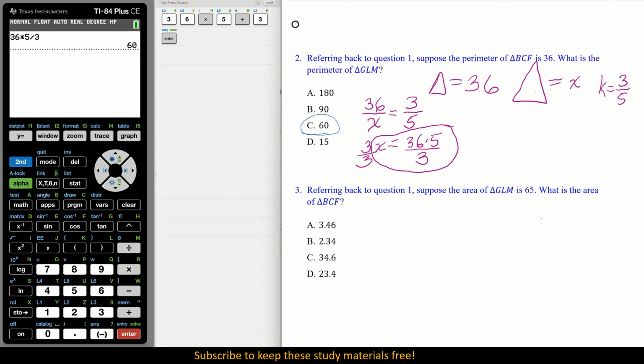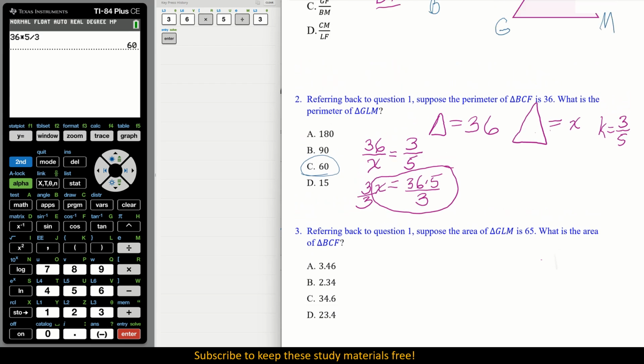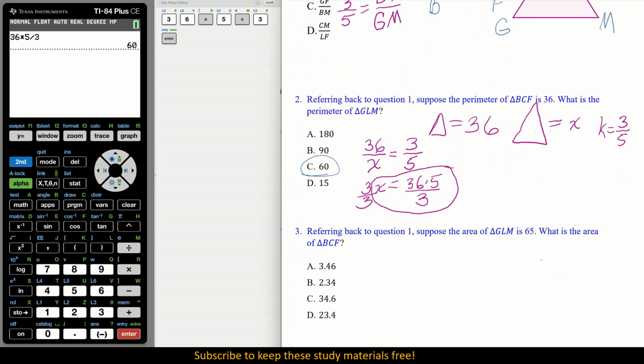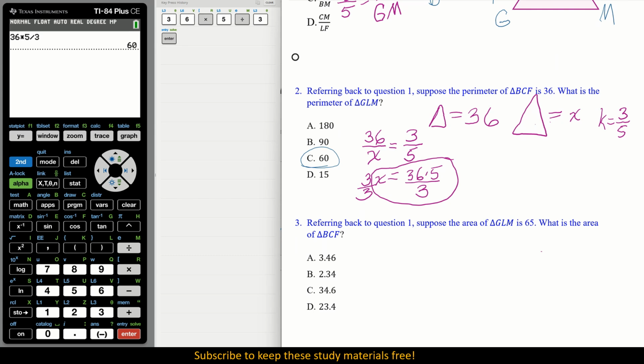Refer back to question 1. Suppose the area of GLM. Oh, that's the larger one. Let's see here. GLM, yes, that's the larger one. And a little note too.